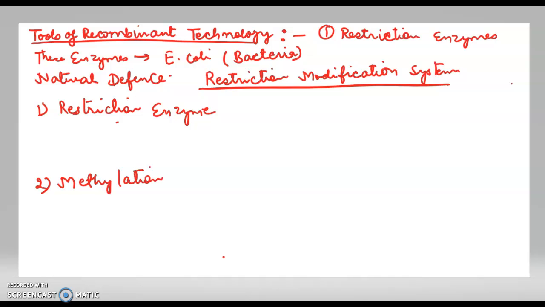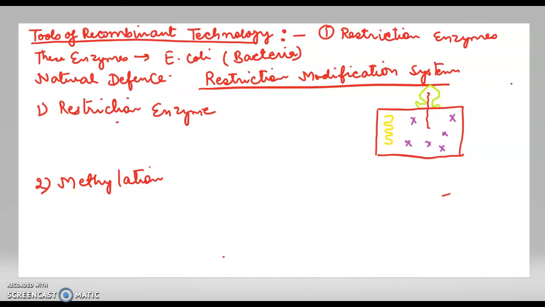Now, as I just told you, restriction enzymes are present inside the bacterial cell. If this is a bacterium and this is bacterial DNA, that is host DNA, then whenever any phage or virus infects bacteria, its DNA moves inside the bacterial cell. Suppose these are restriction enzymes.